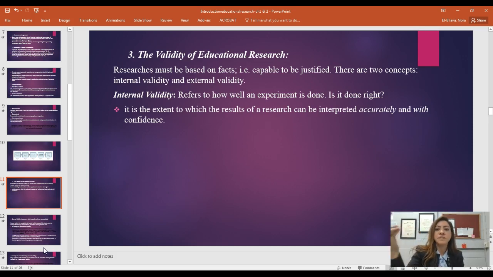If you don't have these kinds of details, then your internal validity is missing. You cannot justify it. If I'm a person reading your research and I see that you're going to interview 10 teachers, and that's it, I'll say, well, if I want to do this research and extend on it, I want to really know why did you choose these 10 teachers?